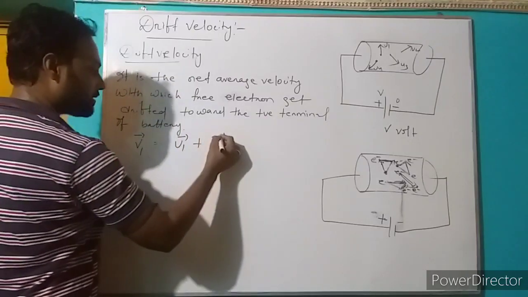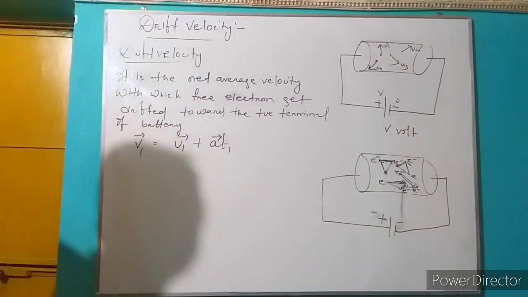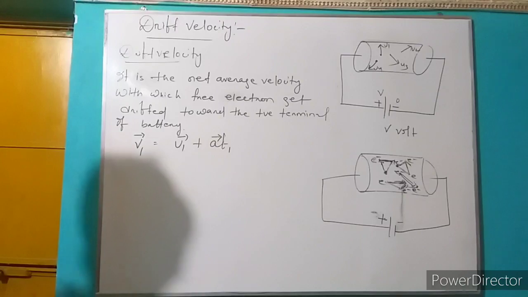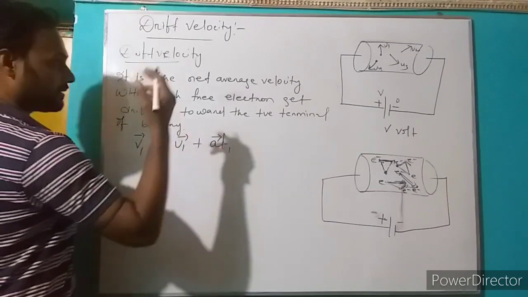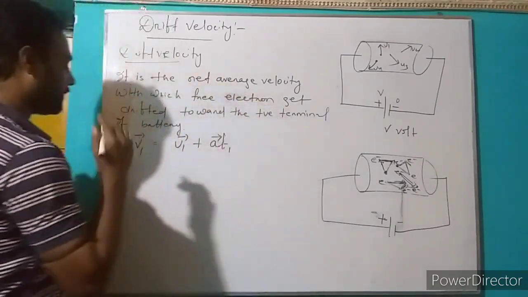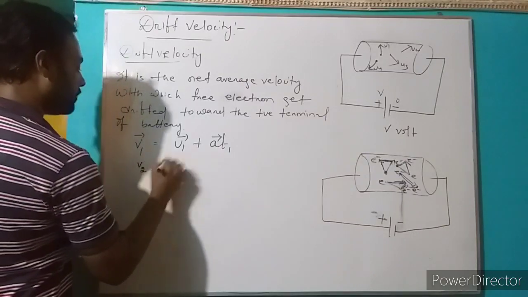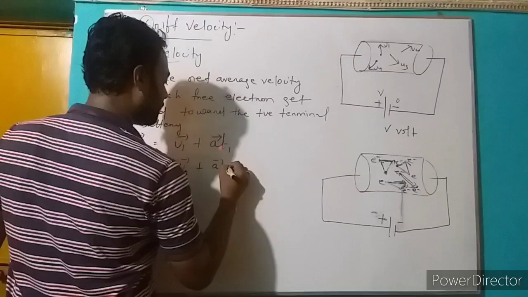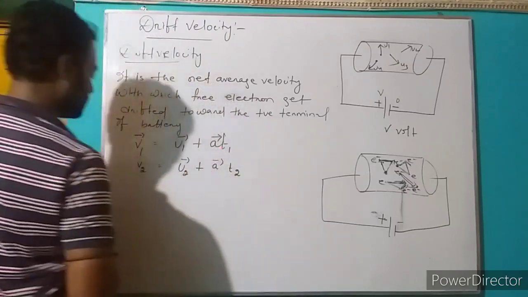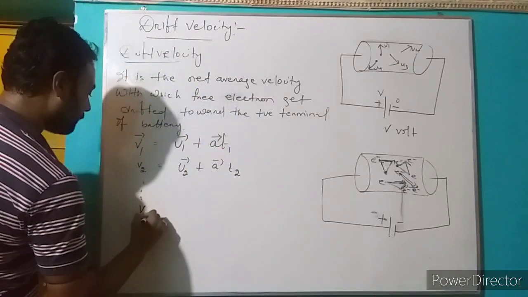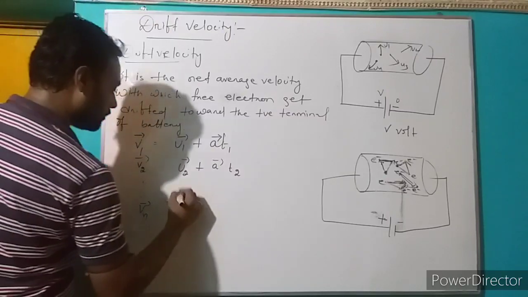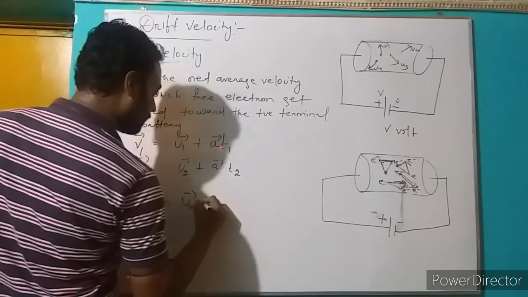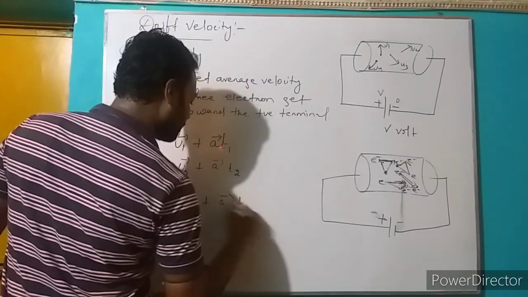Clear? A is the acceleration of that electron. Similarly, the second electron's final velocity is given by V2 equal to U2 plus A vector into T2. Vn vector equal to Un vector plus A vector into Tn.